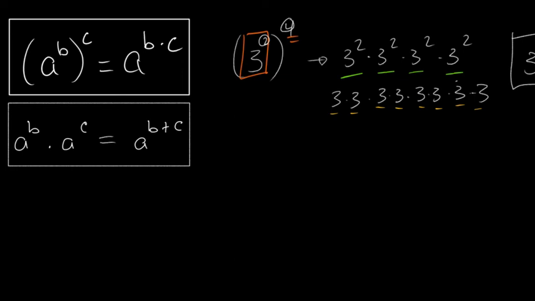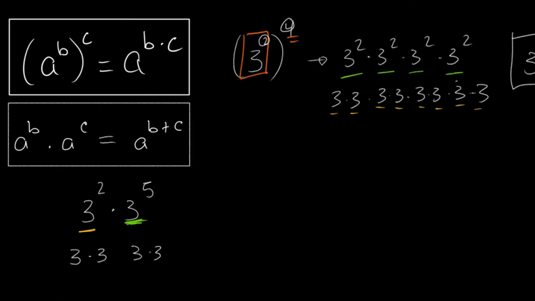The other one says if you've got identical bases, so for example, if I've got 3 squared and I multiply that by 3 to the 5th power, this first thing says that I have 2 factors of 3. In fact, I can write that part out as 3 times 3. The next part says that you've got 5 factors of 3, and you can expand that as well.